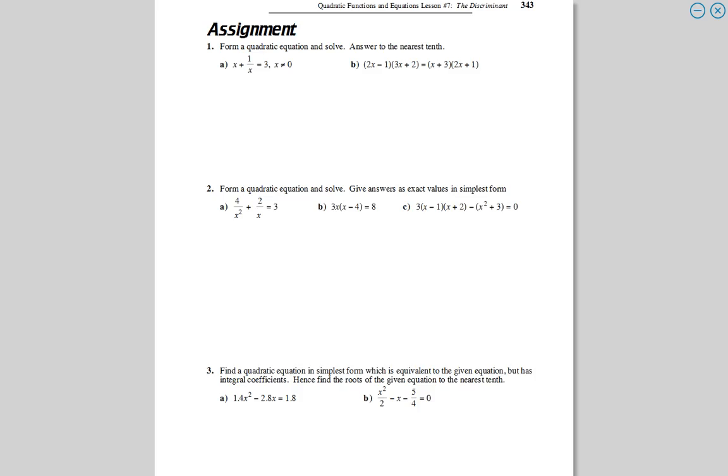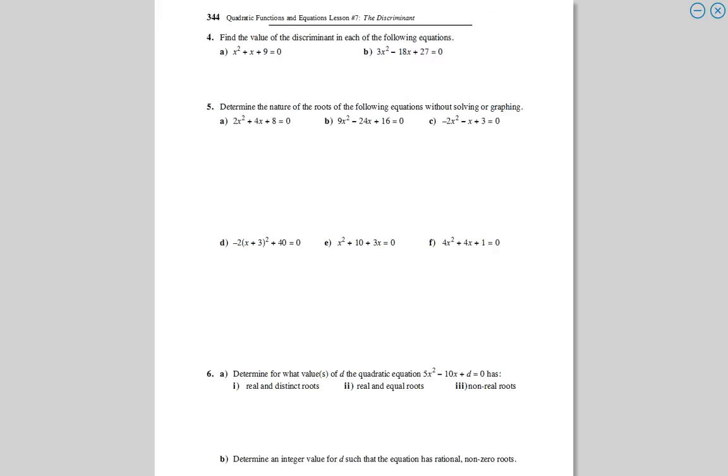Okay, so for the assignment, yeah, it looks nasty. Like, form an equation and solve. So, if you had to prioritize time, 4 and 5 and 6, okay?